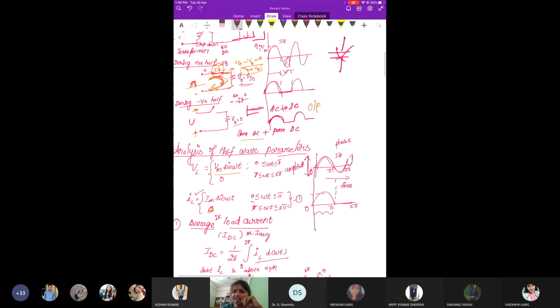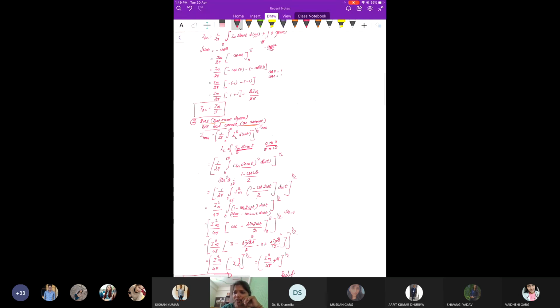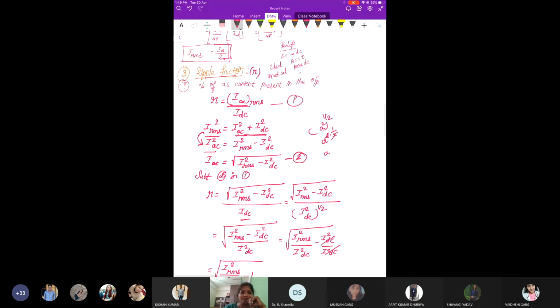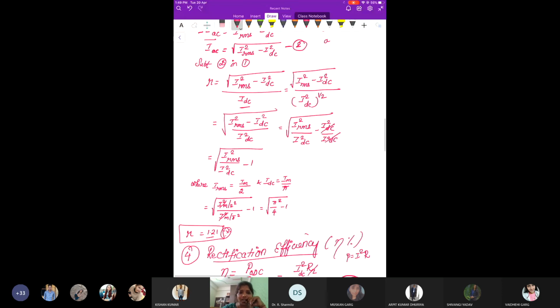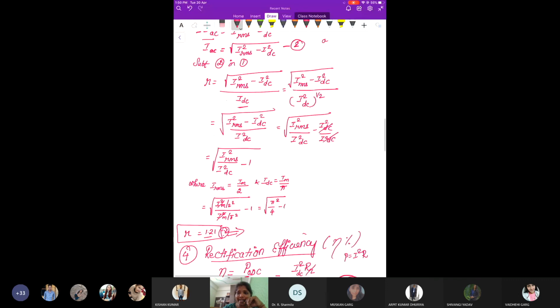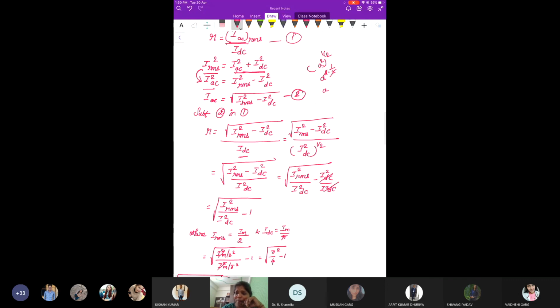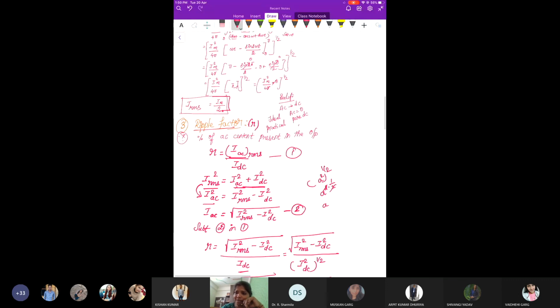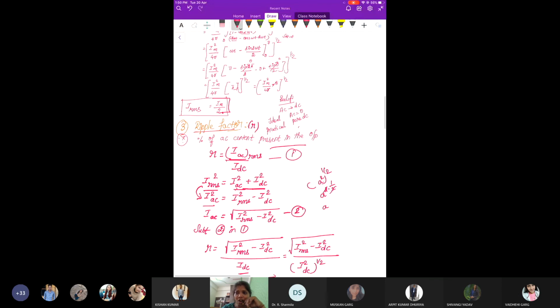The main thing is, you can ask me, ma'am, why are we going for these derivations? From this derivation, we are calculating the ripple factor. From the ripple factor you come to know how much percentage of AC component is added in the DC, that is, the percentage of AC component present in the output.